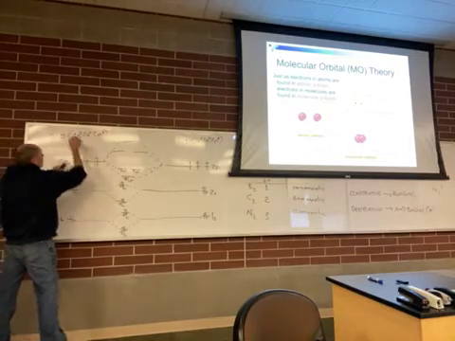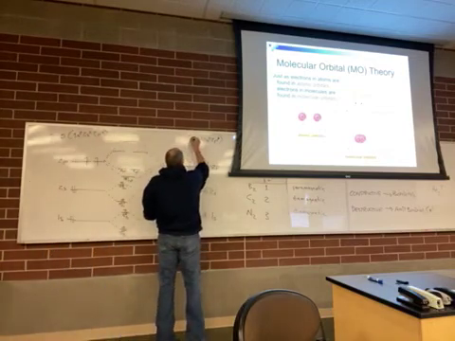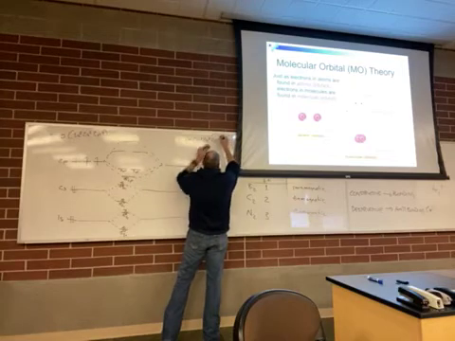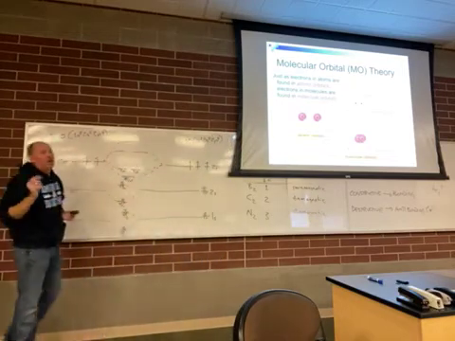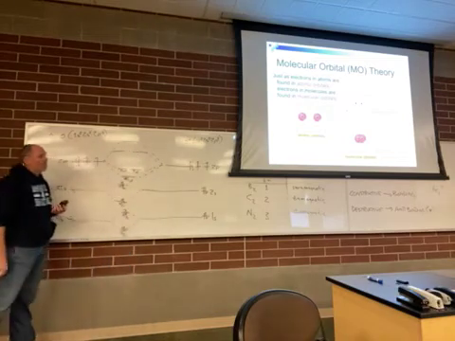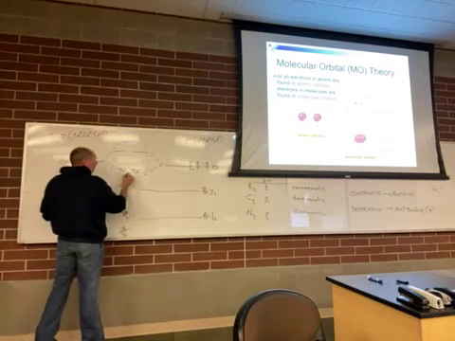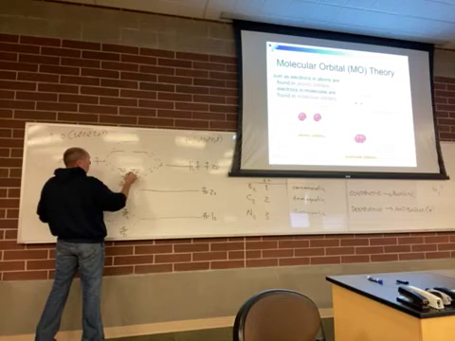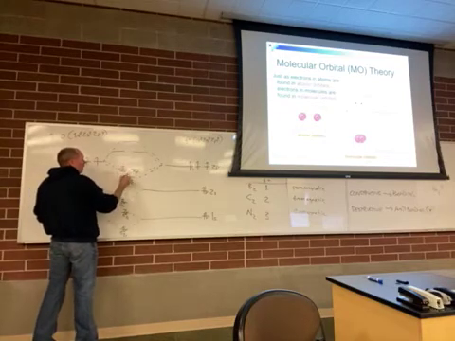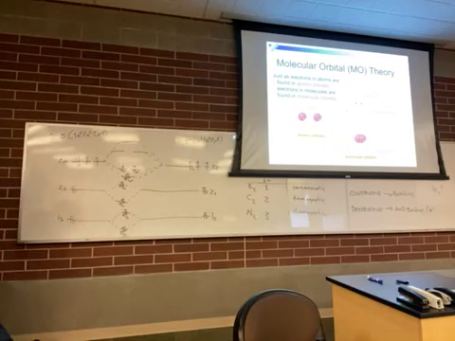So oxygen is 1s2, 2s2, 2p4. Now, because of Hund's rule and Pauli's exclusion principle, I do this, and I do this. I'm going to go ahead and put 4 electrons and 4 electrons. Oh, wait a minute, did I jump too fast?